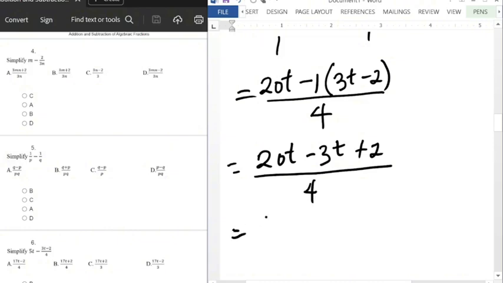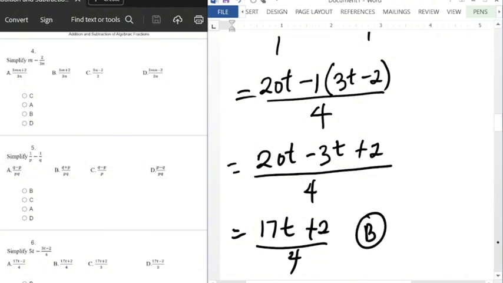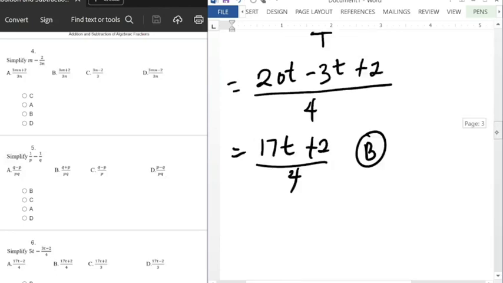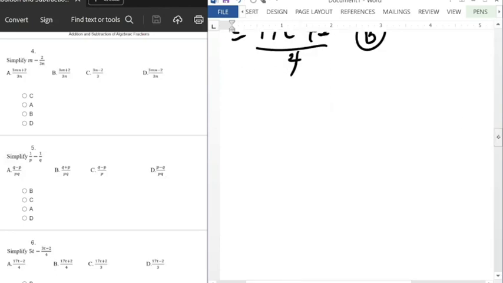So you're going to have 20t minus 3t, which gives us 17t plus 2 all over 4. That is option B. So we'll go to the next question, question number 7.